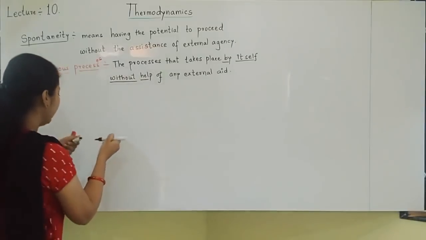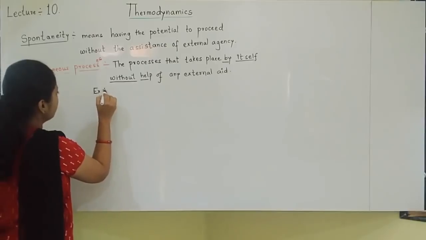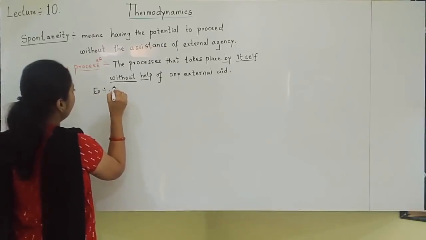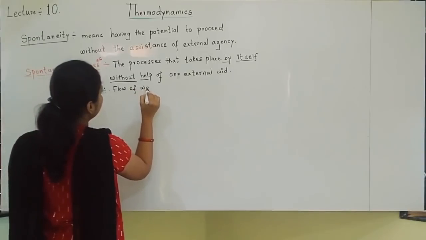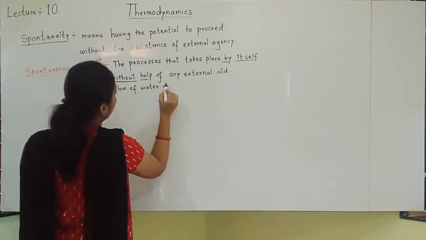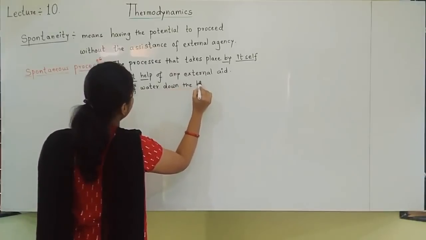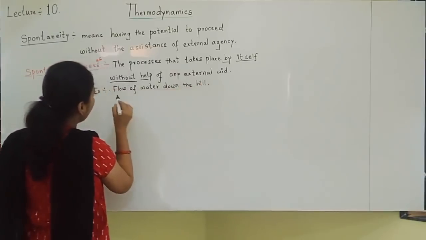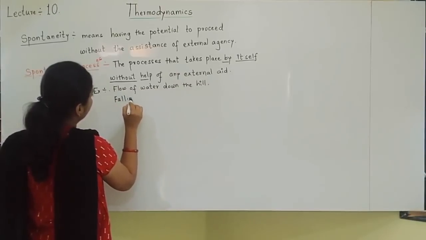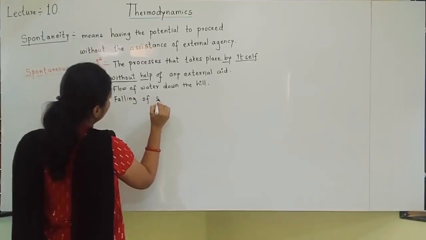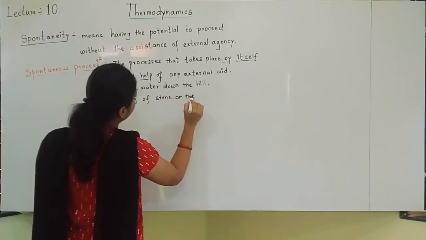Okay. Which examples can we say for spontaneous processes? For example, flow of water down the hill. Falling of stone on the ground.